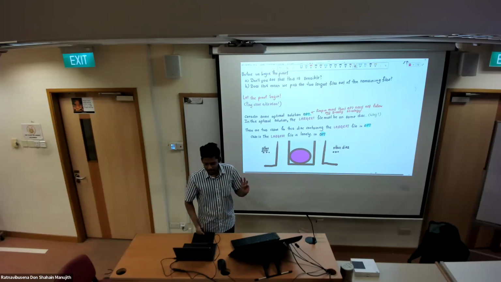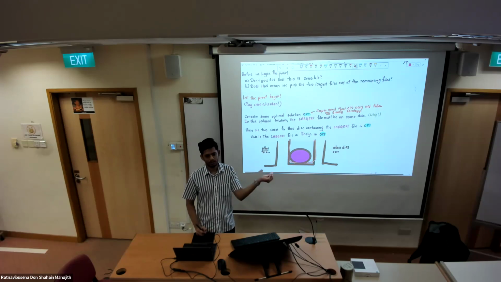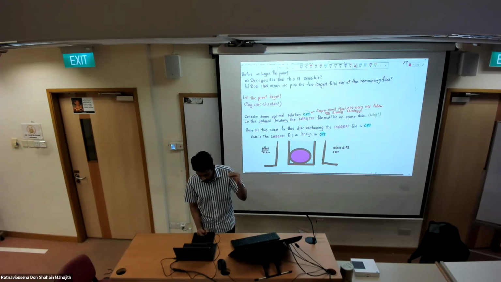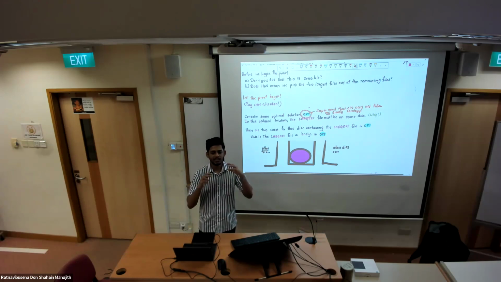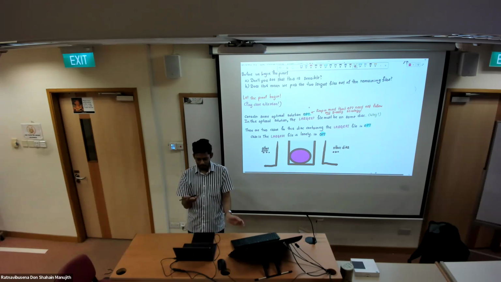But there are no such files. So even in the optimal solution you have this disk alone, and in the greedy strategy also we have this disk alone. That means the first step is the same in both strategies, so OPT also follows the greedy strategy.